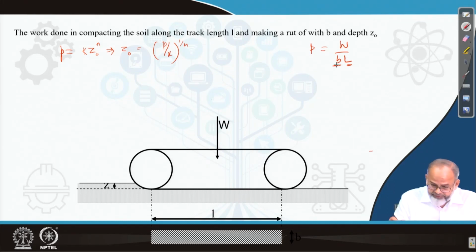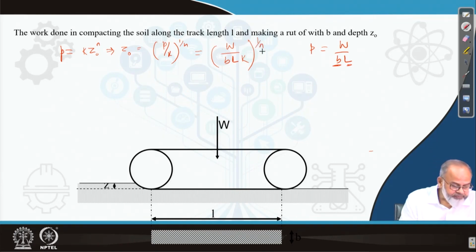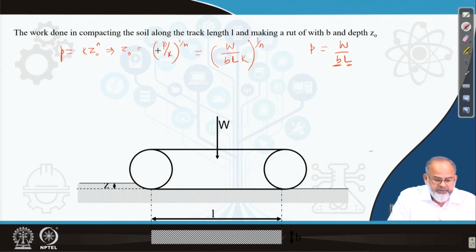So weight divided by area can be denoted as pressure. Now I substitute here. So this becomes (W by B L k) raised to the power 1 upon n, where P is the normal pressure, W is the normal load which is acting on the track, B is the width of the track and L is the length of the track in contact with the soil.